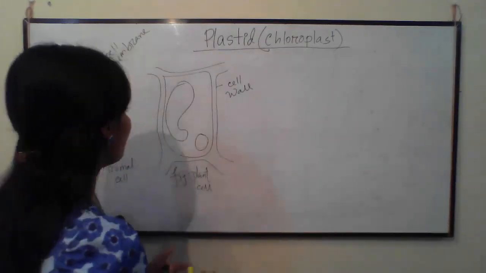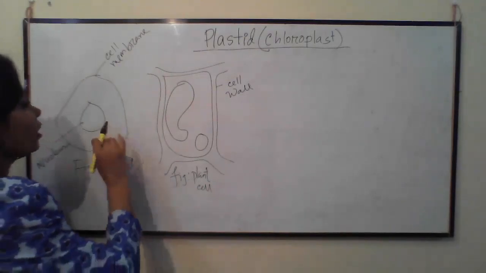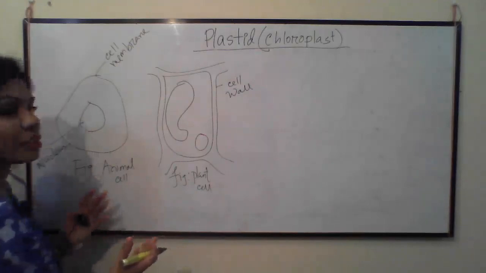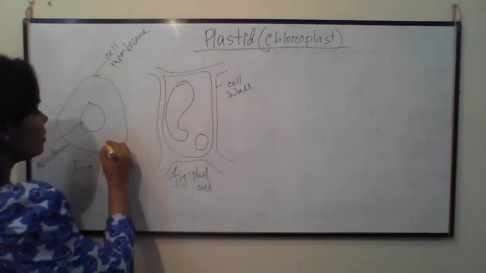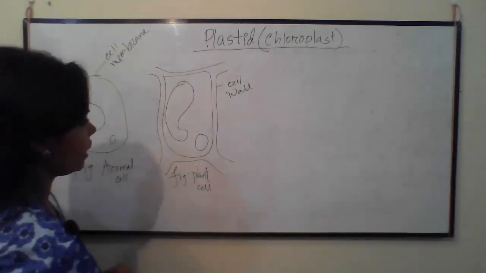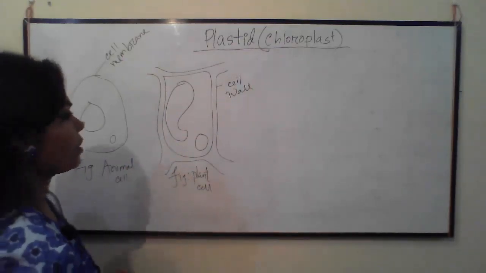But in animal cell there is not any permanent vacuole, only temporary vacuoles sometimes, small, and not present all the time. But in plant cell, there is a large permanent vacuole.